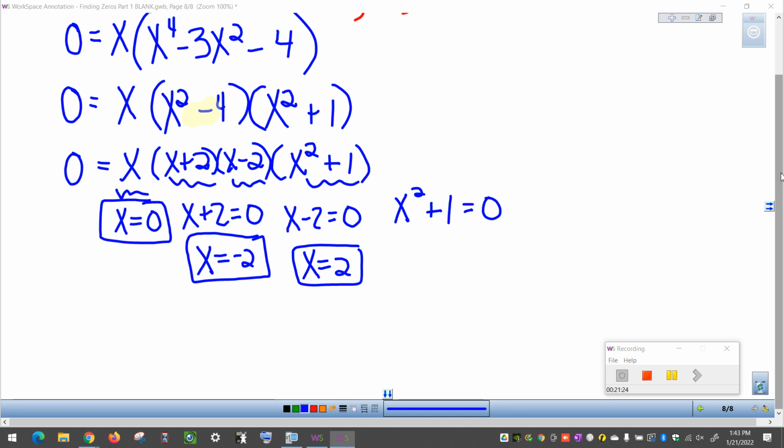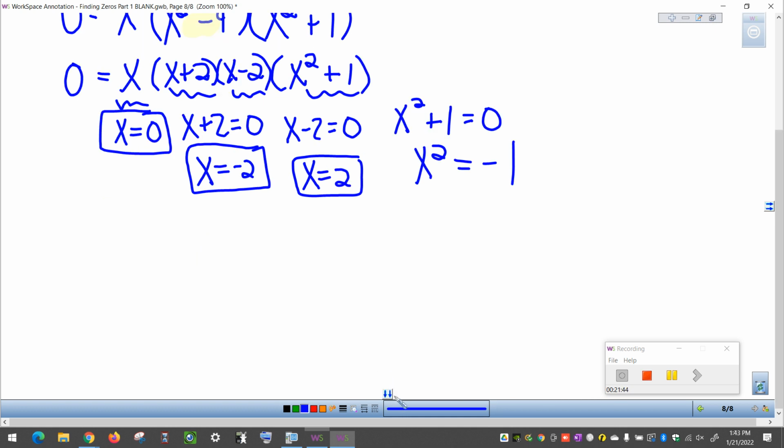All right, so let's talk about what's happening here with this x squared plus 1. Well, let's think about getting that 1 over to the other side. It's going to turn into -1. What can we do to both sides here that's going to get rid of the squared? The square root.